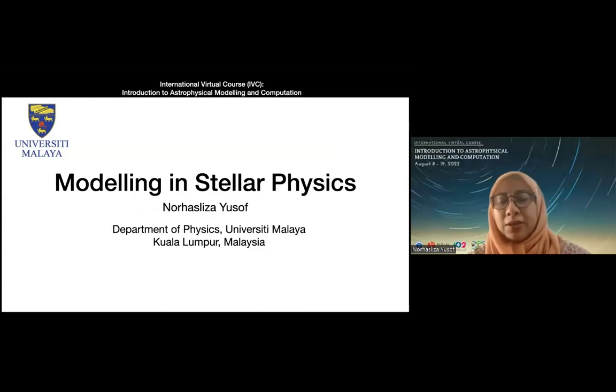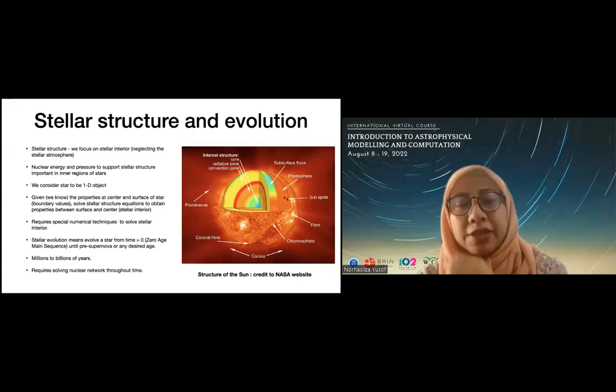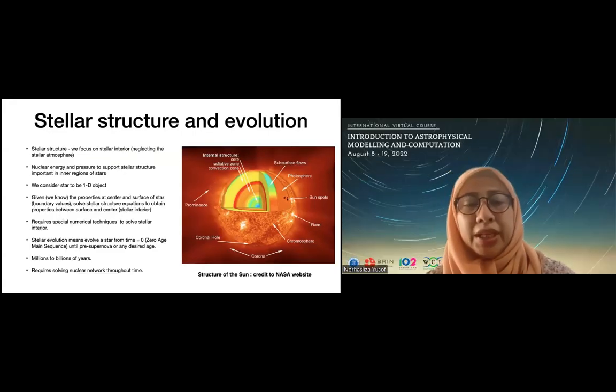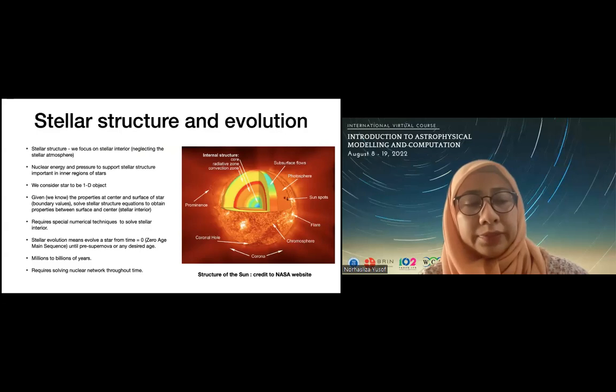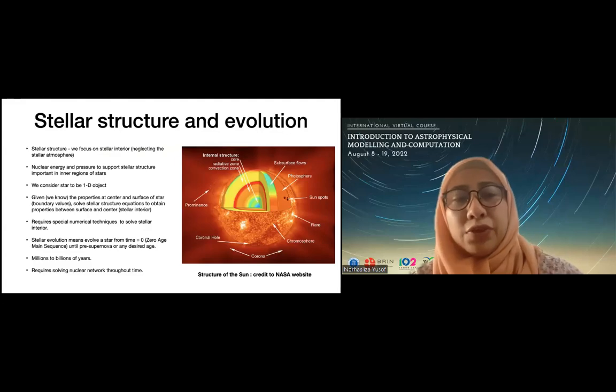So I shall start now by giving a bit about what stellar structure and evolution is. I'll give some brief history, and what we need to know when we want to build stellar structure and evolution models.